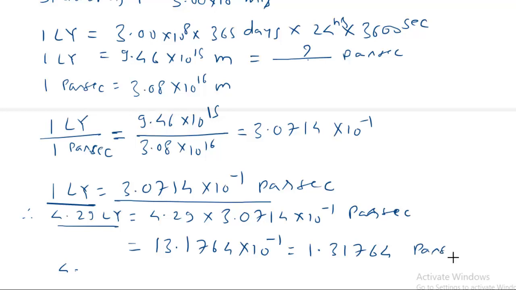I should write parsec. So 4.29 light year is equal to 1.31764 parsec. So this is the very important result for us.